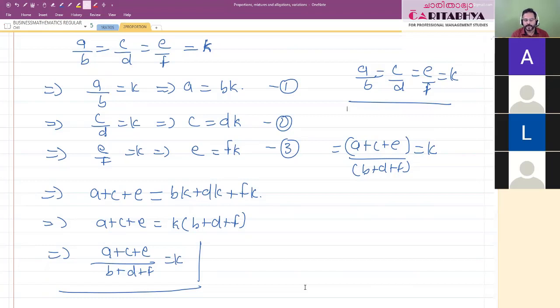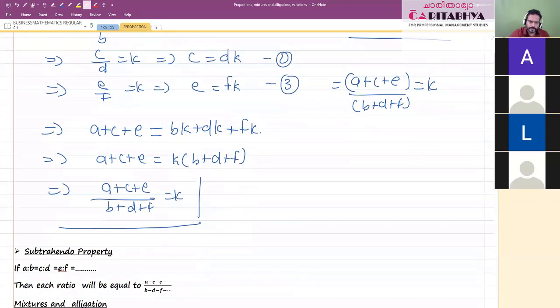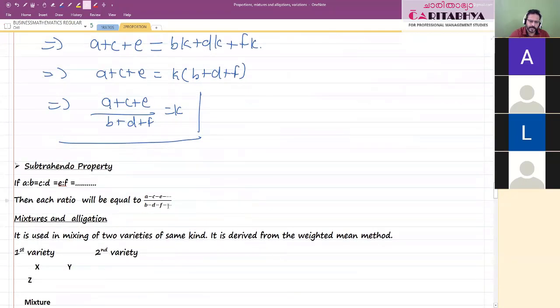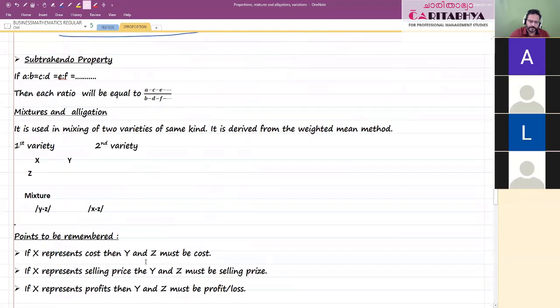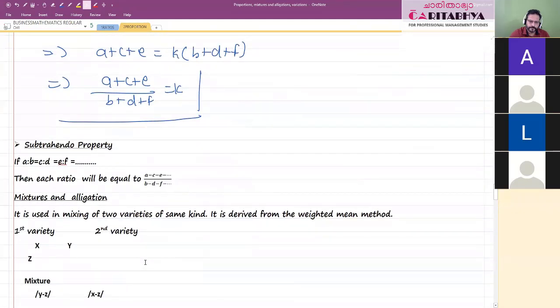സോ 3 അൺനോൺ റേഷ്യോസ് ഈക്വൽ എന്നാൽ ലെറ്റ് ഇറ്റ് ബി എ കോൺസ്റ്റന്റ് K. അതിൽ നിന്ന് നമുക്ക് എന്താണോ കണ്ടുപിടിക്കുന്നത് ഇതേപോലെ ഈ മെത്തേഡിൽ കണ്ടുപിടിക്കും. Then next one, subtractando അല്ലെങ്കിൽ subtrahendo property.